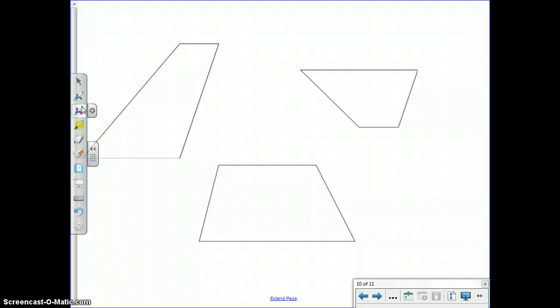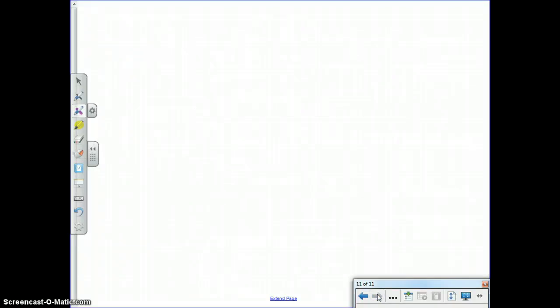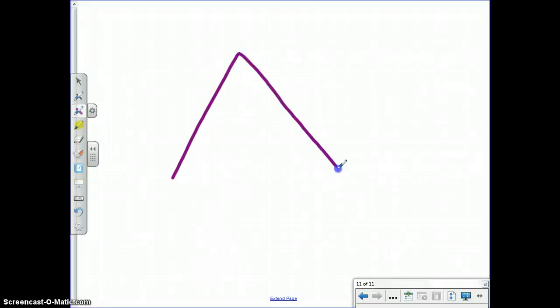And then finally, let's look at that figure that I drew at the beginning of our lesson that kind of looked like this, almost like a triangle. Or if you ever watch Star Trek, then it looks kind of like the little Star Trek symbol.